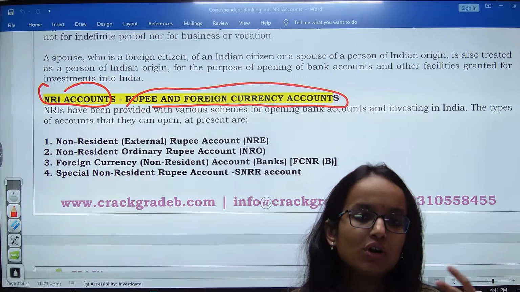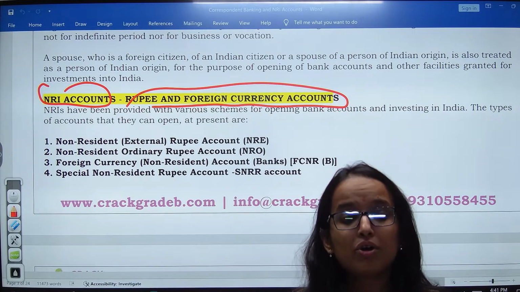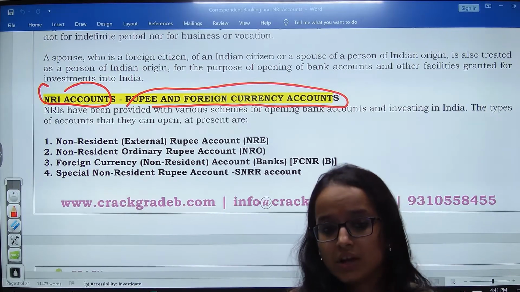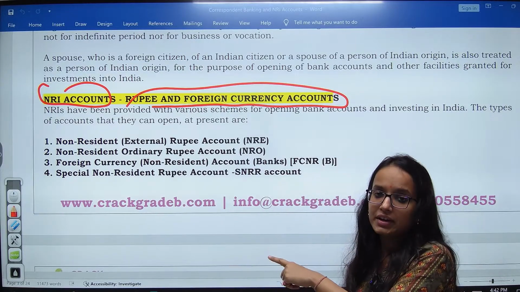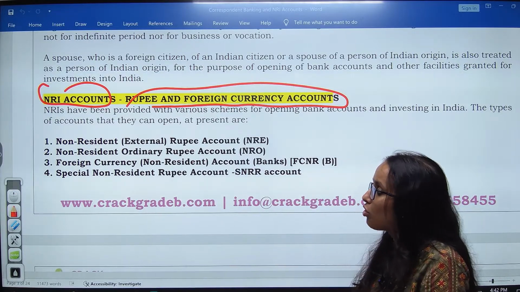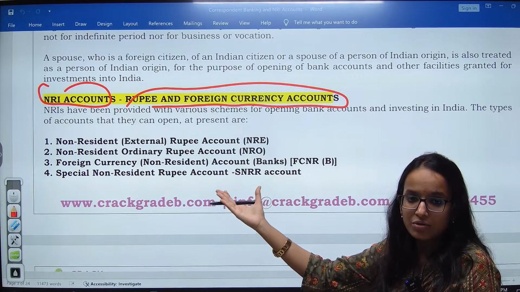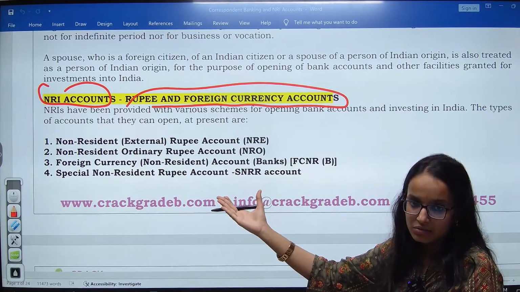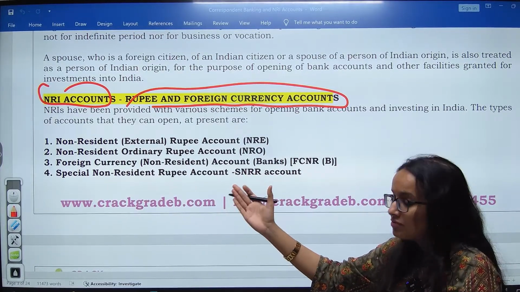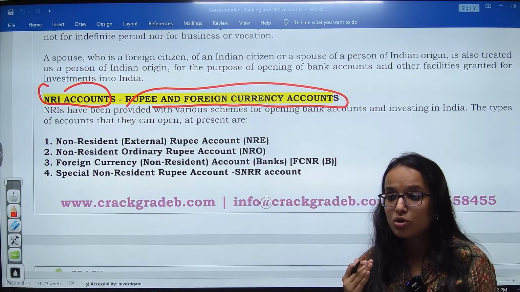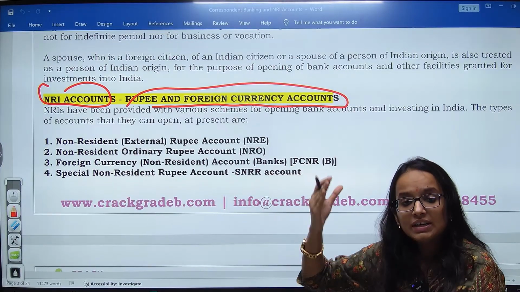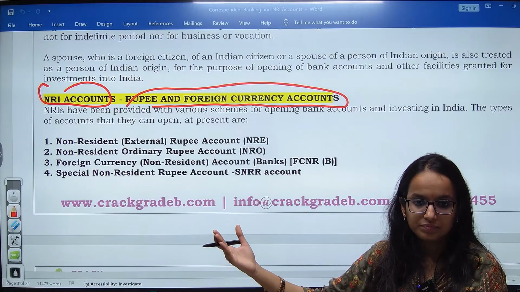So, what are these accounts? These are very important, direct questions have been asked. Remember, this is a very important section, NRI accounts. We will understand what all categories of accounts are there in the NRI accounts, and then we will understand all the bases and criteria on which they have been differentiated from each other.